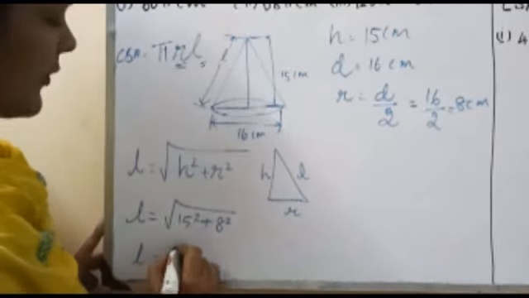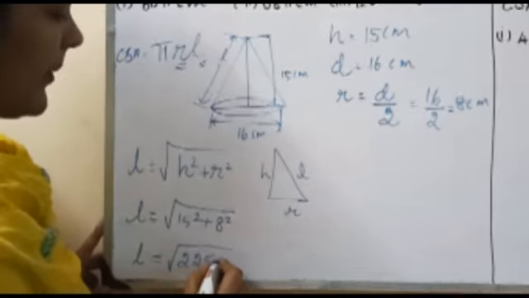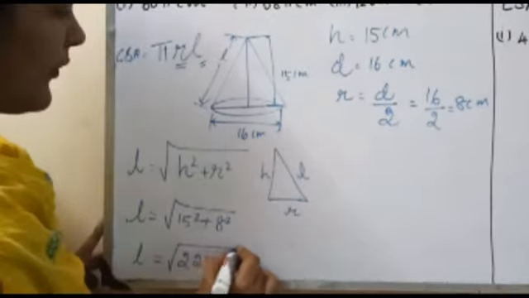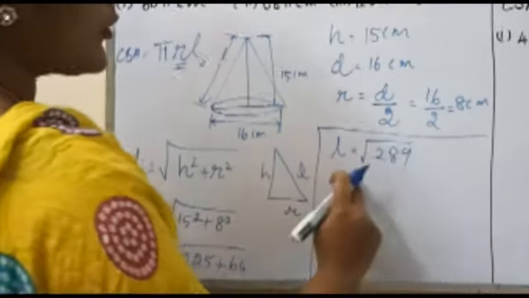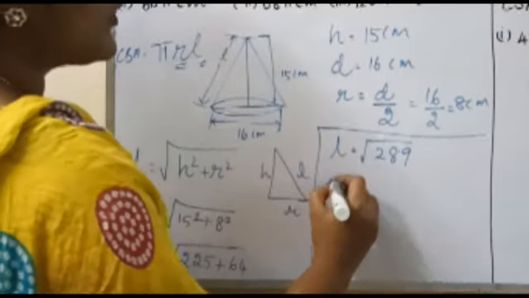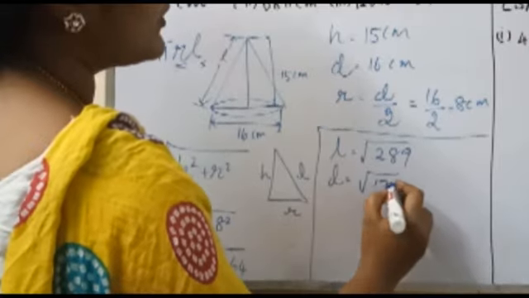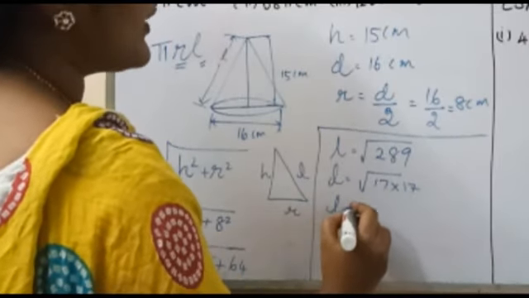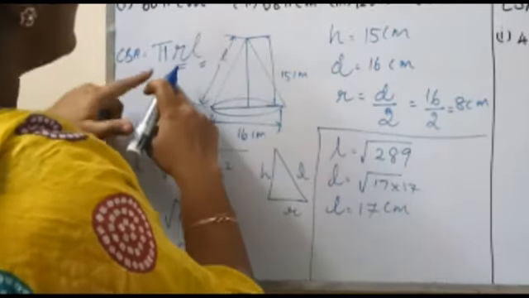L is equal to square root of 15 square is 225 plus 8 square is 64. Now L is equal to 225 plus 64 is 289. So square root of 289 is, L is equal to square root of 17 into 17. So L is equal to 17 centimeter. Now find the value.